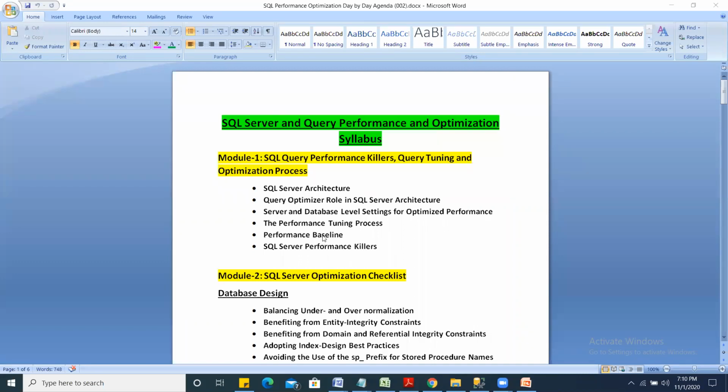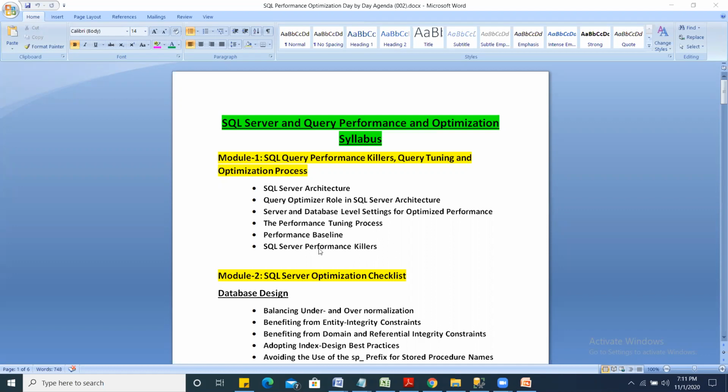Performance baselining has a different perspective for developers and administrators. What you have to capture for the performance baseline as a DBA, and what you have to capture as a developer, are the things we will discuss under that.